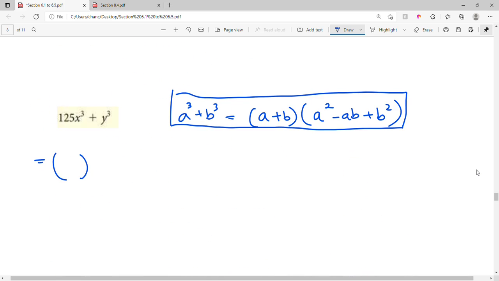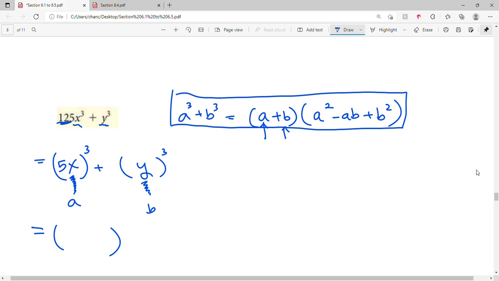Again, to start the problem, I want to figure out what cubed plus what cubed will get back the original polynomial. To make a 125, we need a 5. 5 cubed is 125, but we also need an x to make the x cubed. To make the y cubed, that's just y in here. Now this 5x, that's our a, and this y, that's our b in the formula. So we can start by substituting it in now.